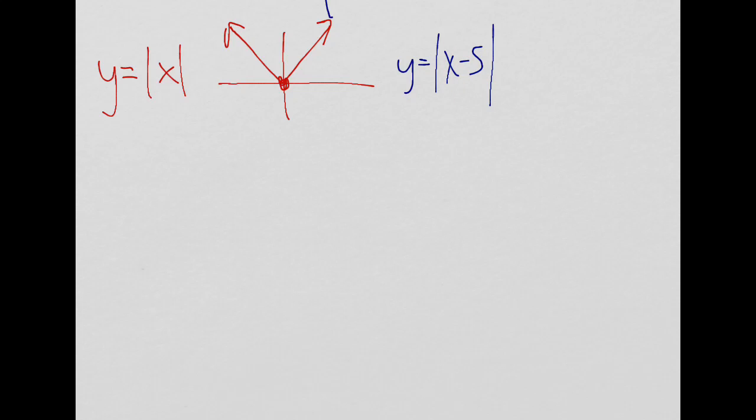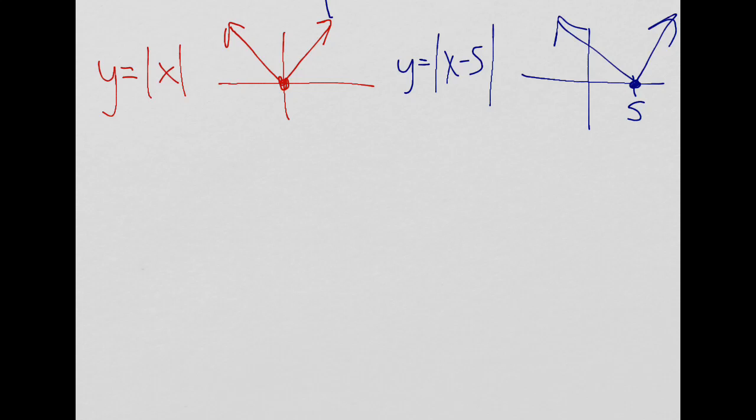Well, that's 5, because when I plug in a 5 here, I get 5 minus 5, which is 0. So that tells me that the vertex of this graph, the pointy part, is out there at 5. So what this does is it takes this graph and moves it to the right 5, because 5 is the number that makes me take the absolute value of 0, just like 0 does here.